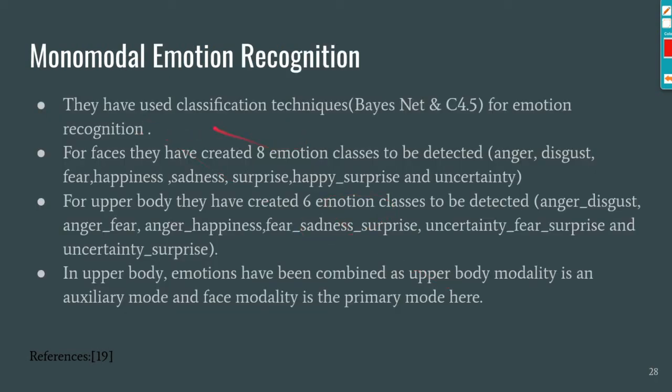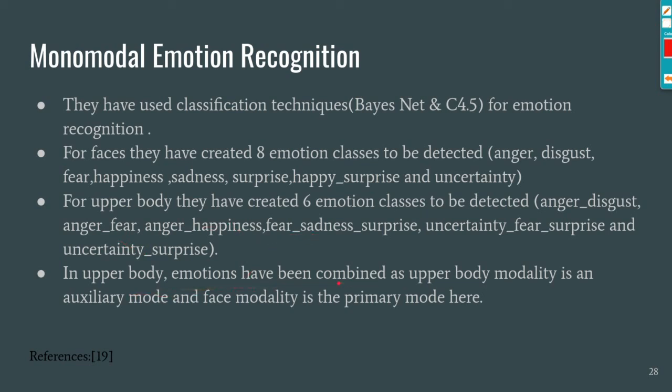They used a classification technique in the monomodal case, as I've explained there. For the face, they created 8 emotion classes, which are anger, disgust, and so on. But for the upper body, they created 6 emotion classes, and they combined, for example, anger with disgust, anger with fear, anger with happiness, and so on.